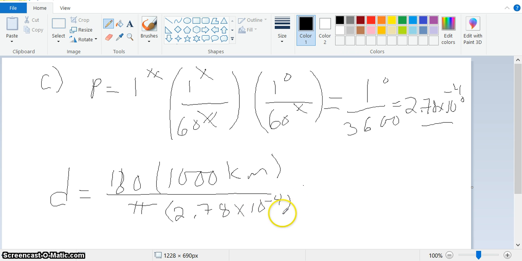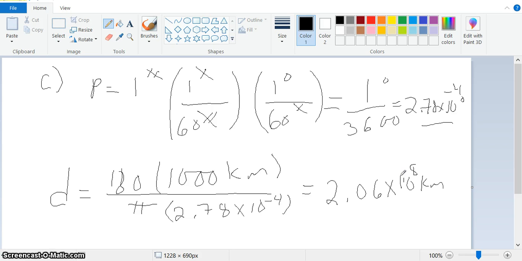That turns out to be a distance of 2.06 times 10 to the 8th kilometers. So when the parallax reduces to 1 arc second, remember that you can't see 1 arc second with the unaided eye. You need a telescope to be able to see that.